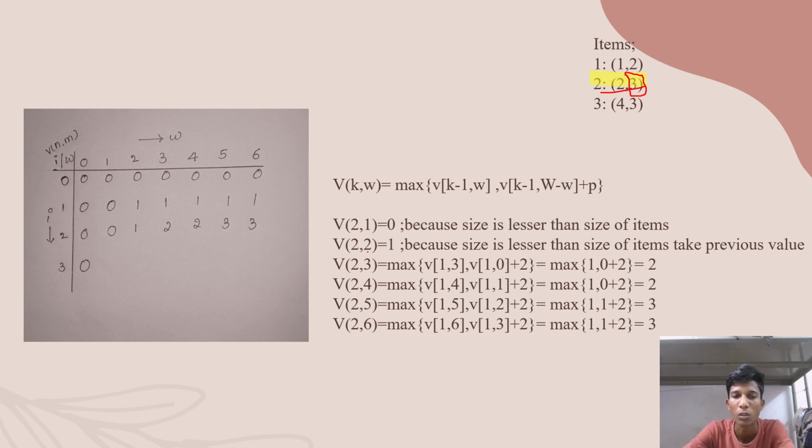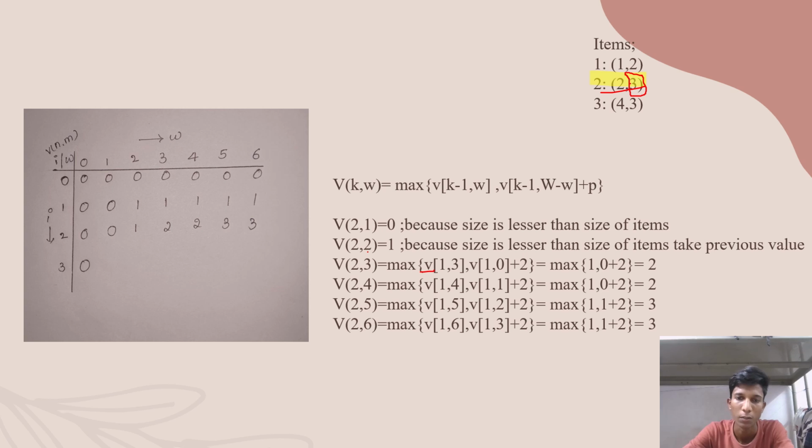Similarly, V of 2 comma 3 is equal to max of V of k minus 1, which is 1, and the weight of the bag is 3, comma V of k minus 1 is equal to 1, and the weight of the bag and weight of the item are the same, so it is 0 plus the profit of item 2, which is 2.